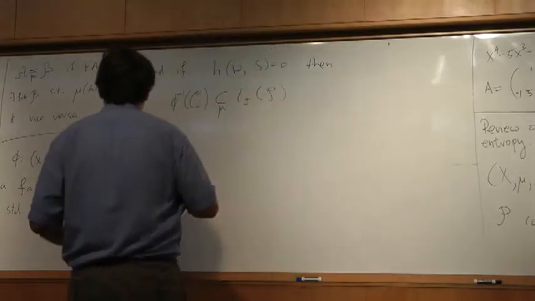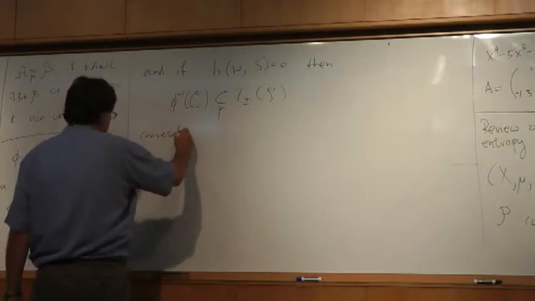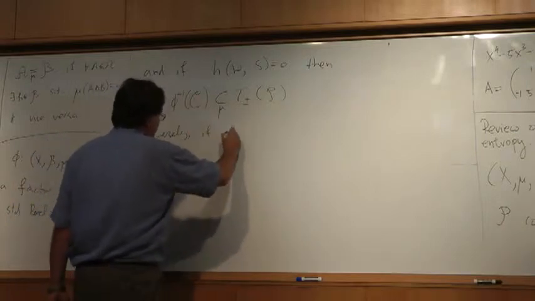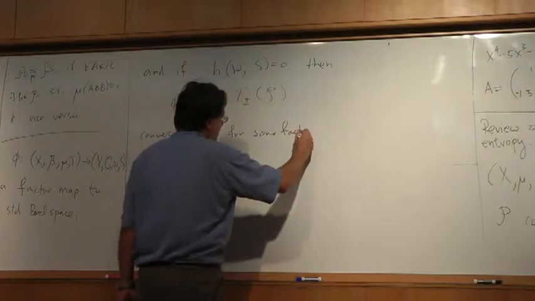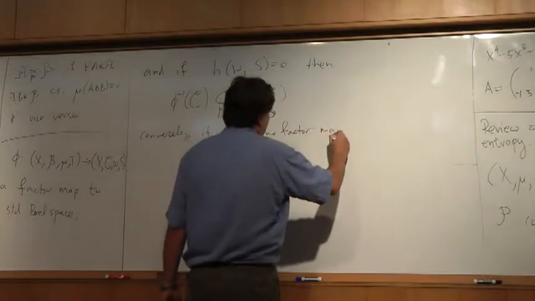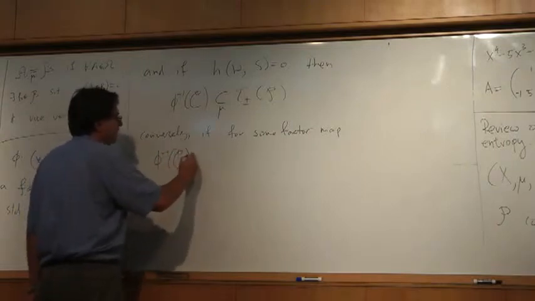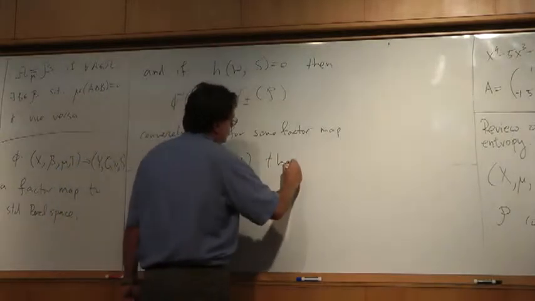And conversely, if for some factor the inverse image of C is mod 0 measurable with respect to the tail, then the entropy is 0.